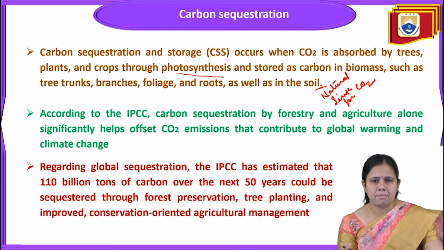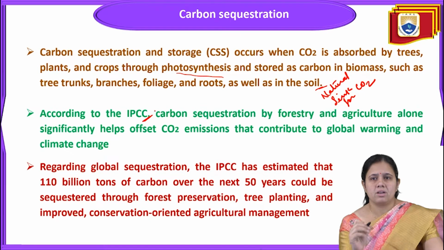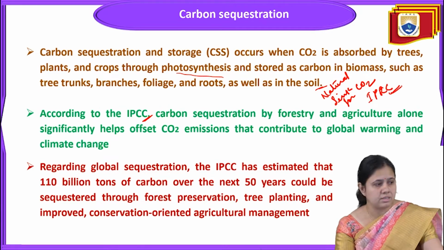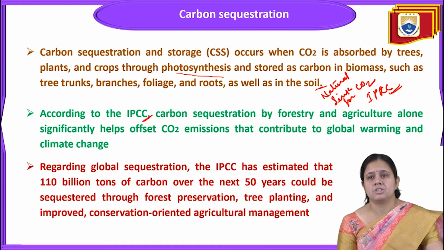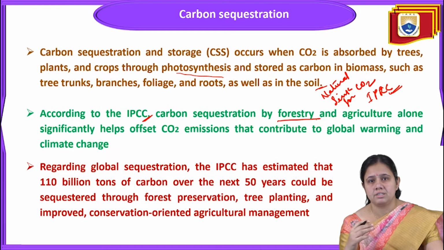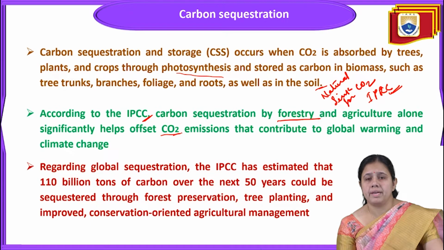According to the IPCC, the Intergovernmental Panel on Climate Change, carbon sequestration by forestry or agriculture alone is very significant, as it will help offset the CO2 emission that contributes to global warming and climate change.